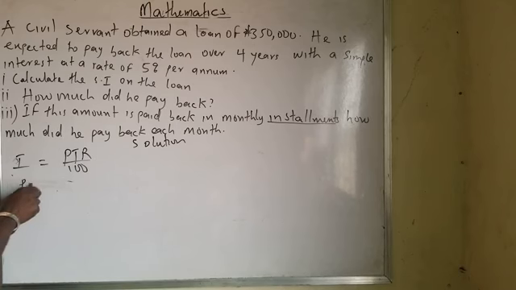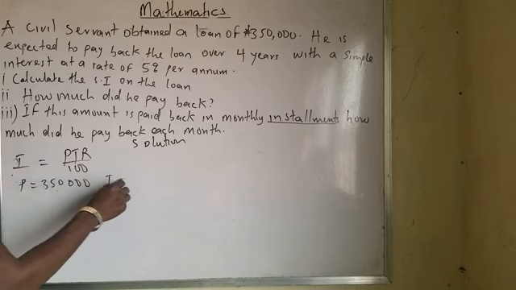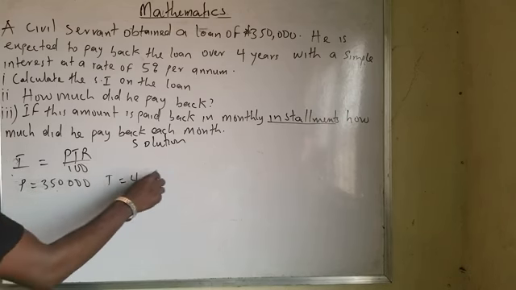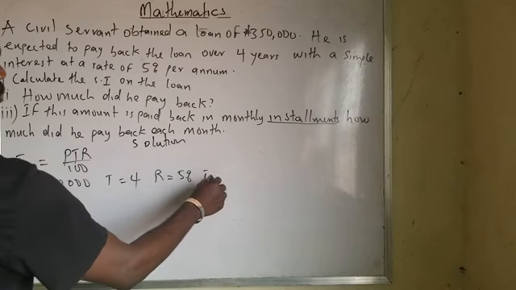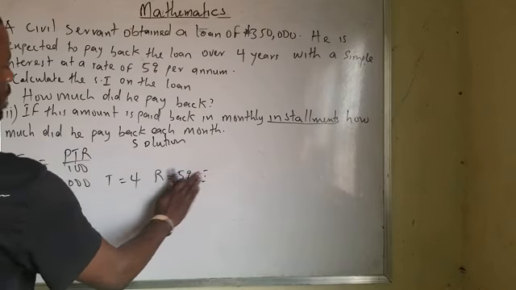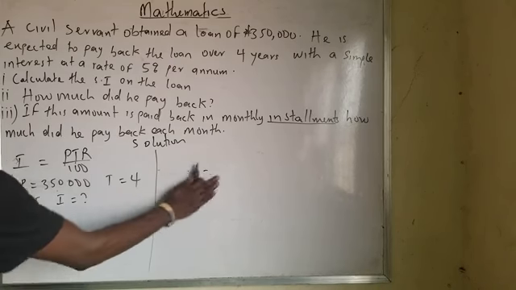Principal is 350,000, time is 4 years, rate is 5%, and interest is what I'm looking for.